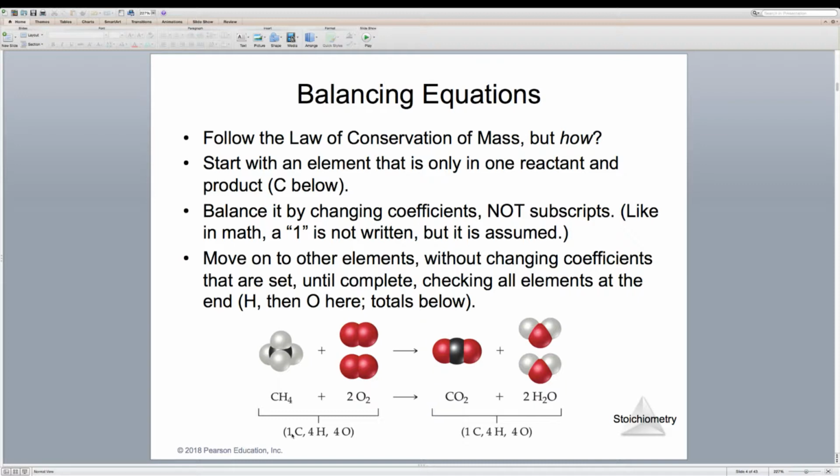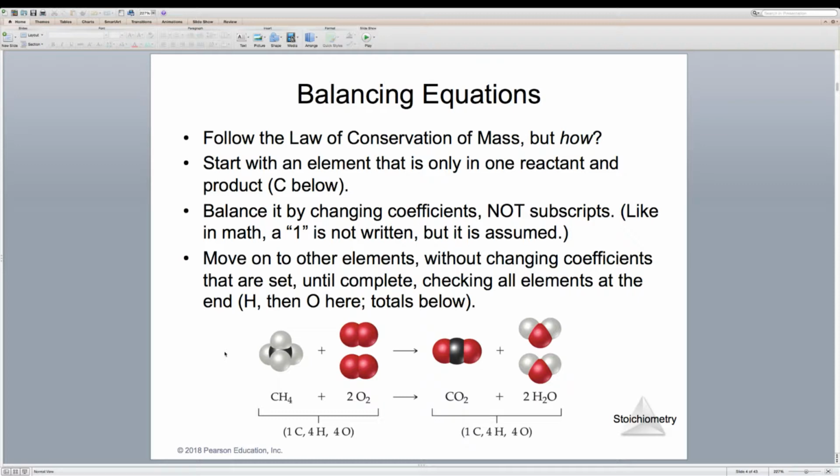It does not follow that law. So what we must do is look at the coefficients, which are the numbers that we see right here in the front. Looking at the coefficients, we can determine how many are on each side, and we can utilize that to balance them. We'll show some balancing examples in the in-class worksheet.